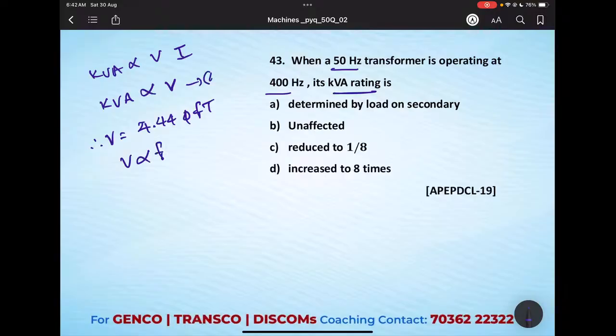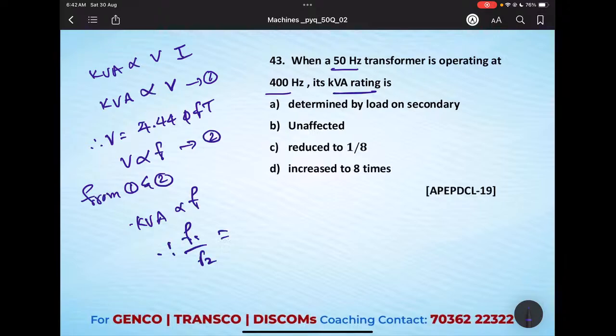Let's take it as equation 1, and equation 2. From 1 and 2, kVA is directly proportional to the frequency. Therefore f1 by f2 equals kVA1 by kVA2.